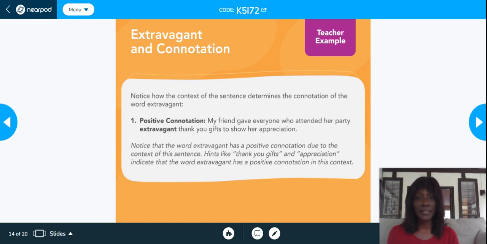However, let's look at the context clues, or the words around the word extravagant, to confirm that extravagant represents positive connotation. Thank you gifts, that phrase would definitely confirm that extravagant represents positive connotation. And to show her appreciation again would represent a positive connotation.